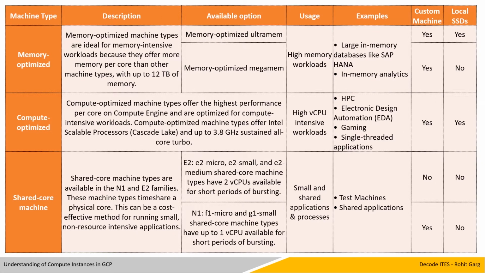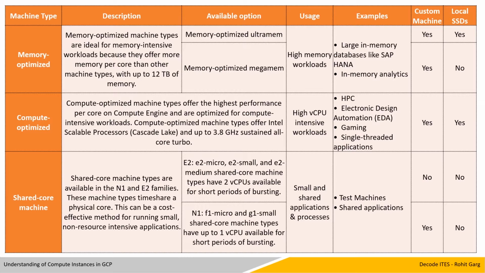The next type of machine is memory optimized. Memory optimized machines are ideal for memory intensive workloads because they offer more memory per core than other machine types. Up to 12 terabytes of RAM is available per machine. These machines can be divided into two types: memory optimized UltraMem and memory optimized MegaMem. Usage, as mentioned: high memory workloads.